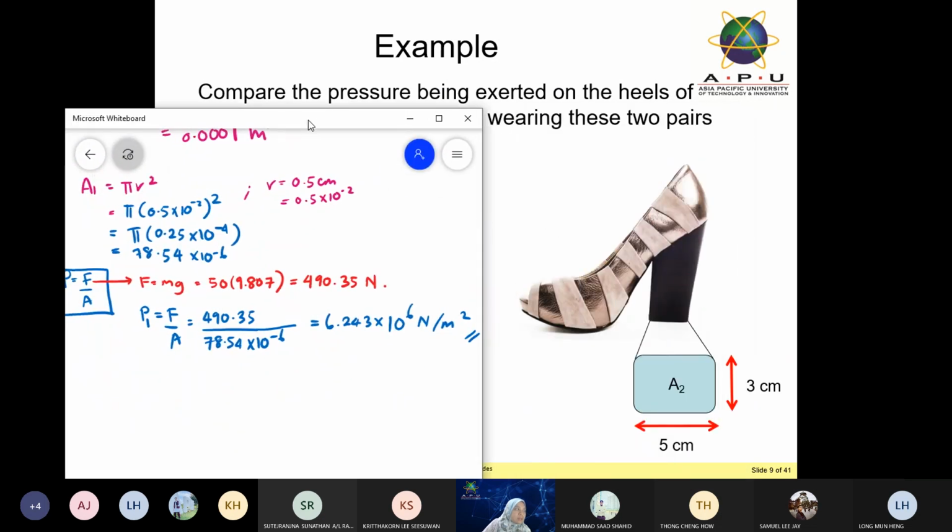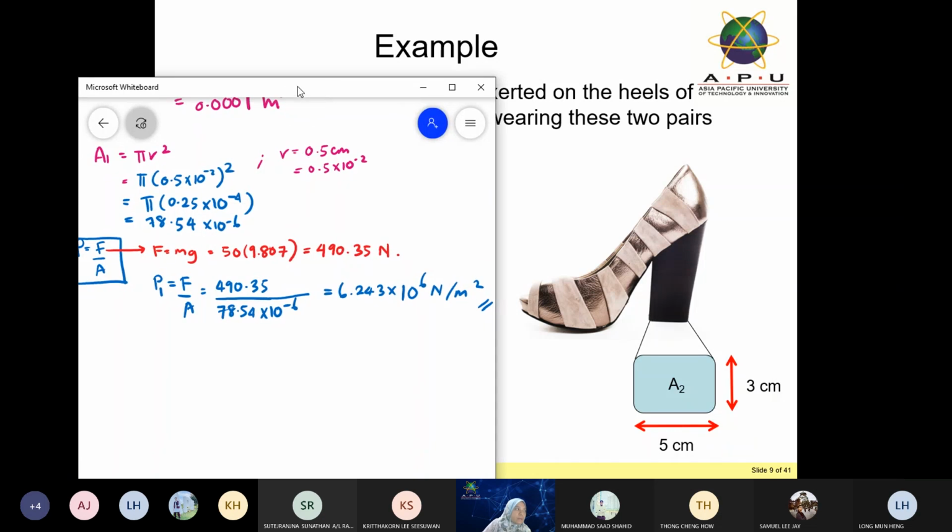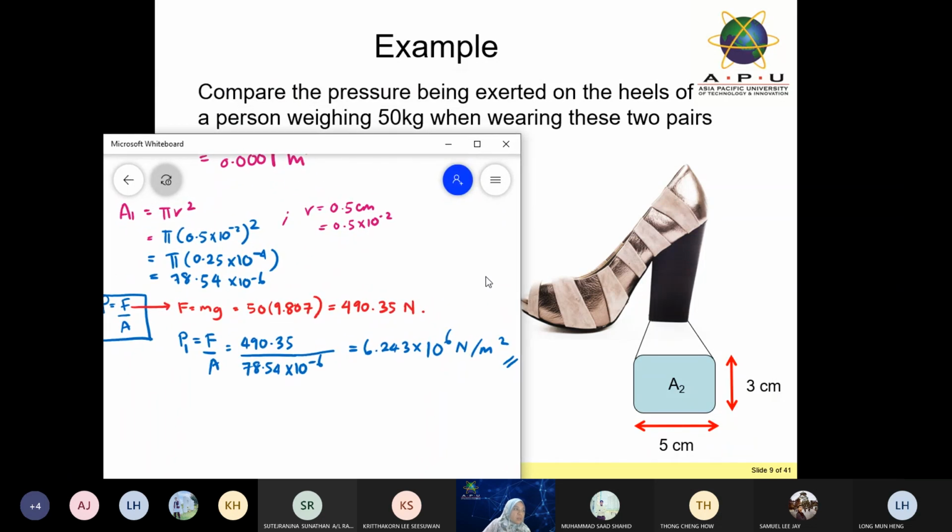The steps here are for the A1, now you do for the A2 also. A2, do the same thing. Find the area. This one is not a circle, this is rectangular. Rectangular is length times width, so much easier. No need to use the pi.